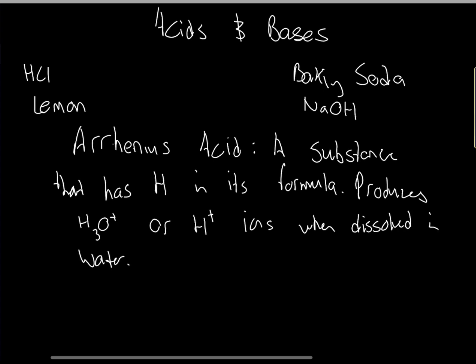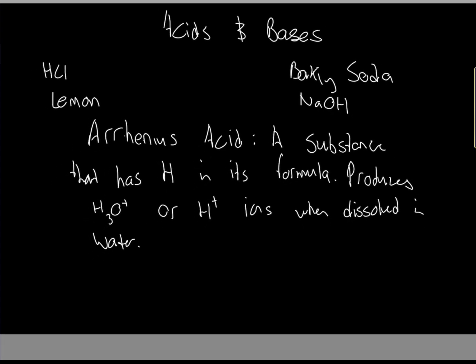So Arrhenius acids are just a substance that has H in its formula, and this produces H3O plus or H plus ions when dissolved in water.